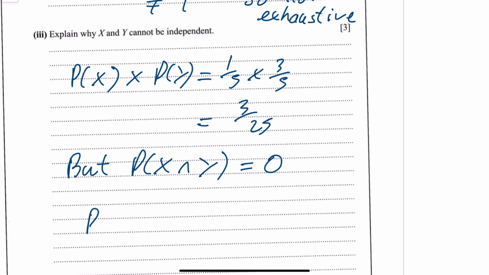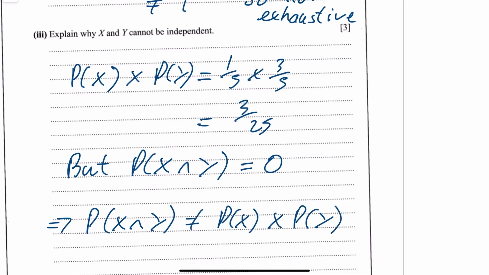So that means the probability of X and Y is not equal to the probability of X times the probability of Y, which means they are not independent. And that is us done.